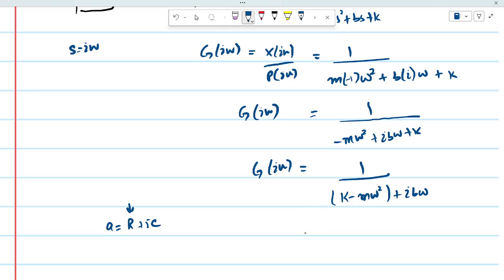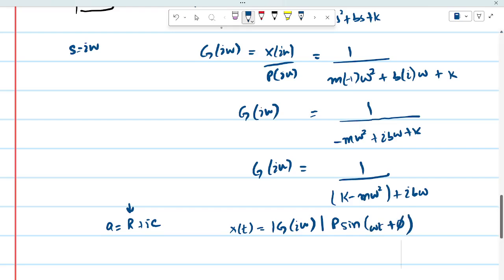Once we have it, we can have the steady state output solution for our system. That will be equal to the magnitude of this transfer function times the applied sinusoidal force, but with some phase difference.